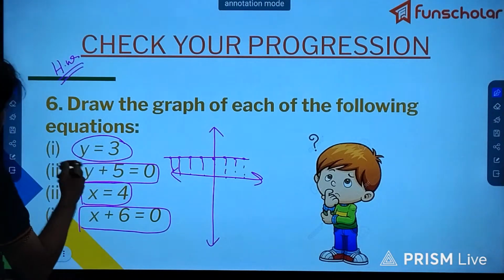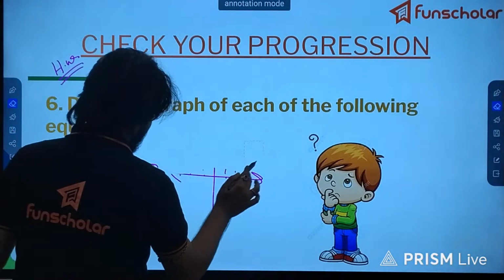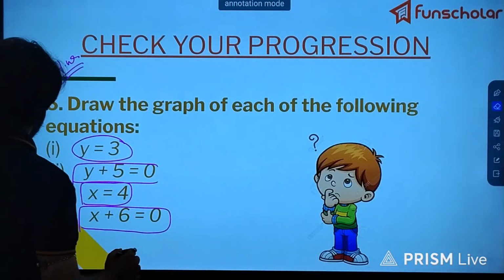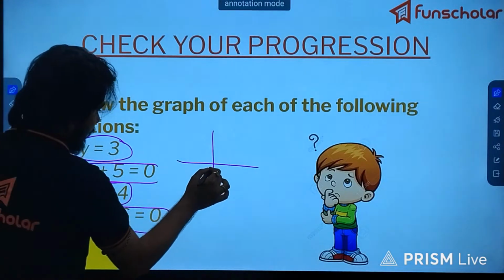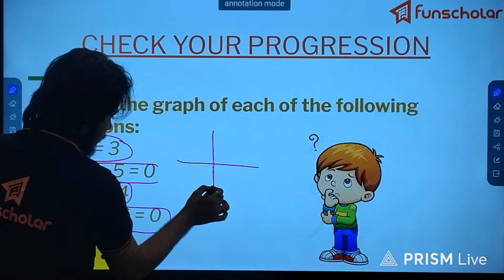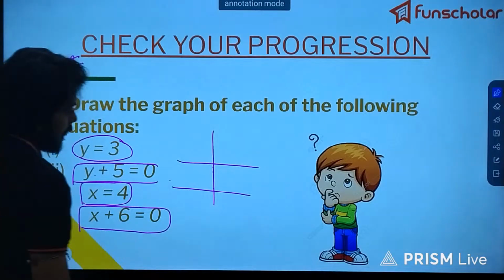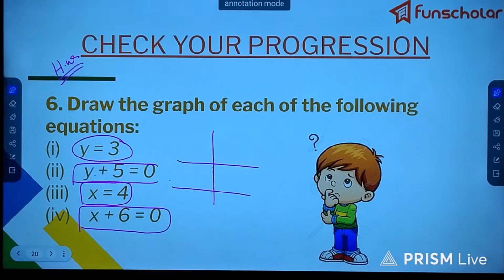Y plus 5 equal to 0 means y is minus 5, then minus 1, minus 2, minus 3, minus 4, minus 5, just draw a straight line.